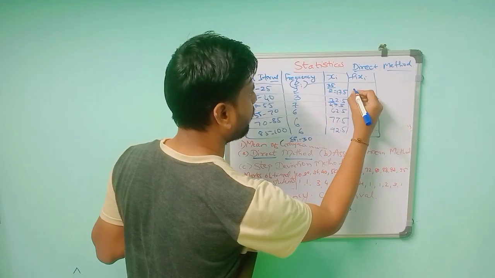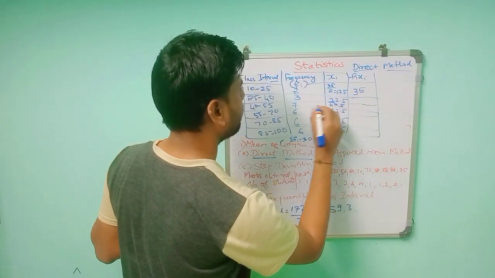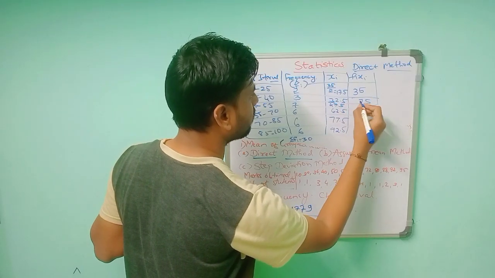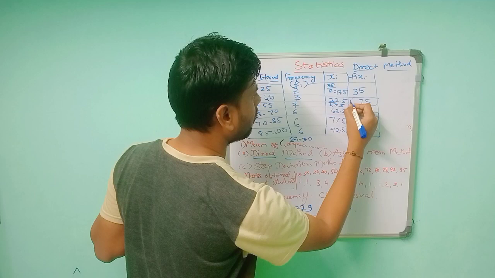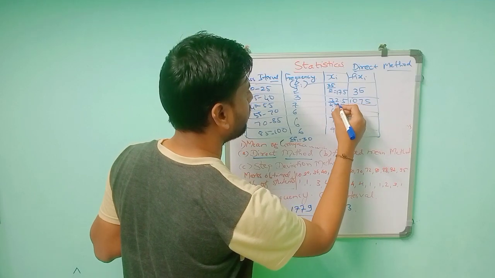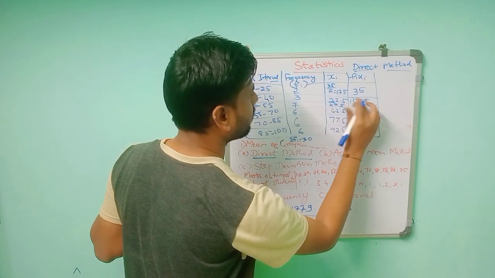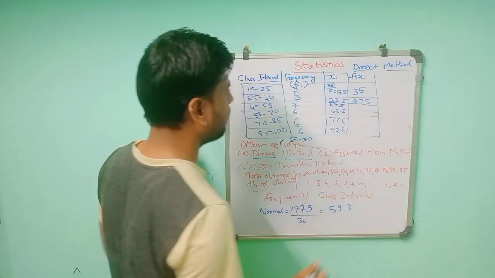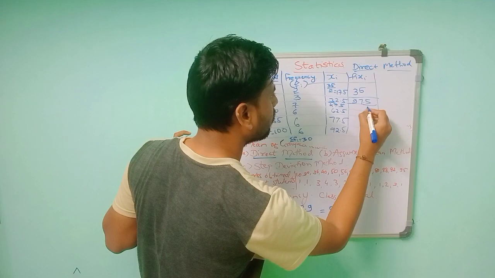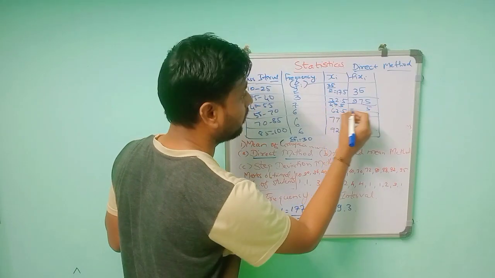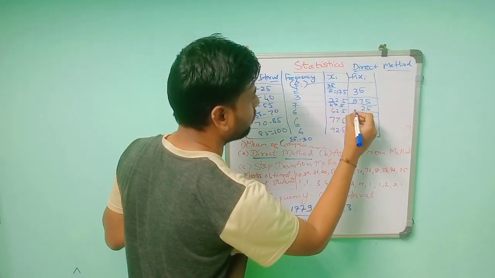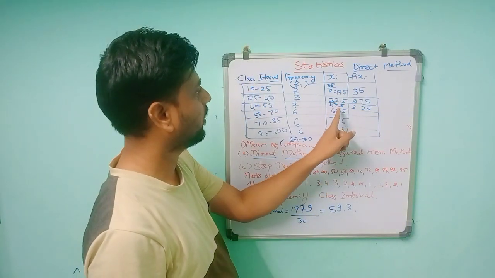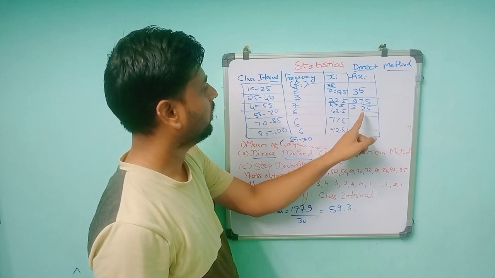So 2 into 17.5 is 35. Then 3 into 32.5 is 97.5. Like that, 7 into 47.5: 7 5s are 35, 3 carry, 7 4s are 28, 7 7s are 49.